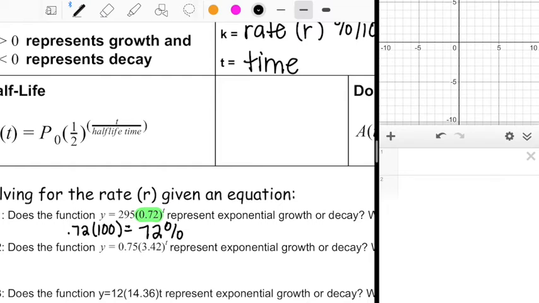So this is a decay problem, because it was less than 100%, or less than 1. How much is it decaying by? Well, how far is it from 100? 100% minus 72% means it's going to decay by 28%.